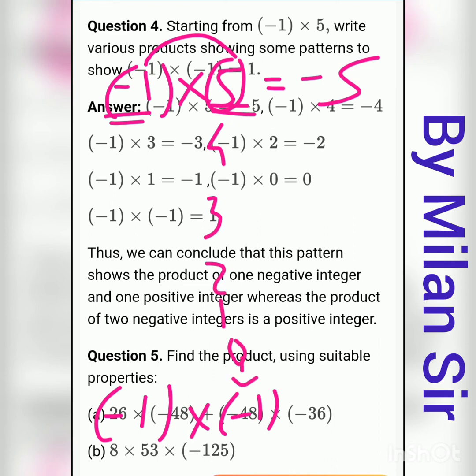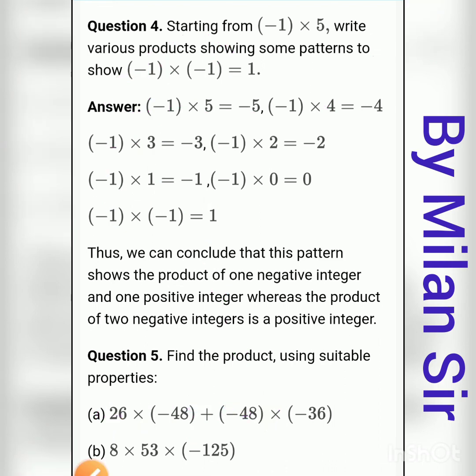So at the second place we need to write a number less than the previous number. In decreasing order we write 5, 4, 3, 2, 1, 0, and after that we get minus 1. In the first position we already have minus 1, so in all these cases we write minus 1. So minus 1 multiplied by 5 gives minus 5.